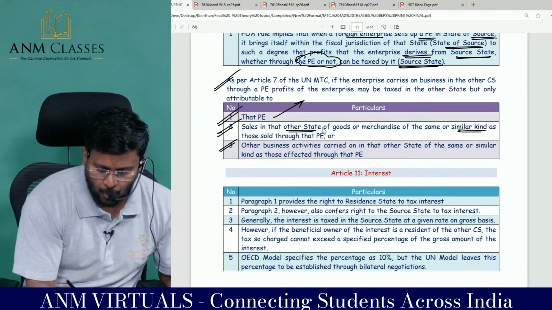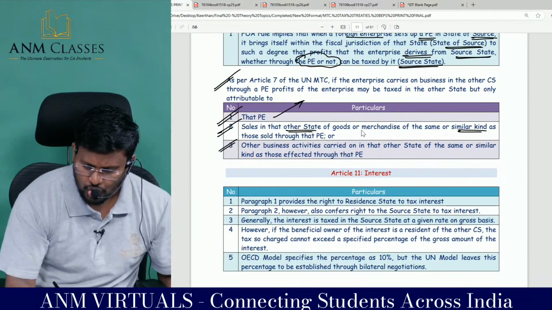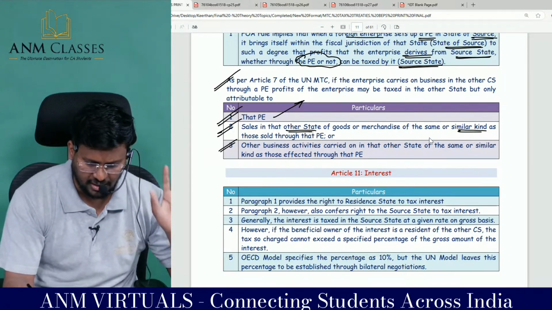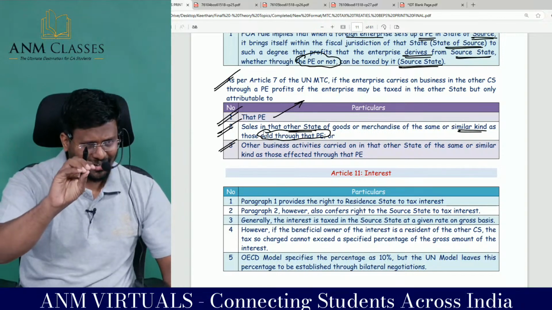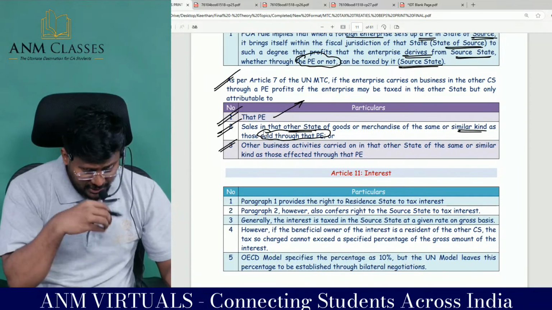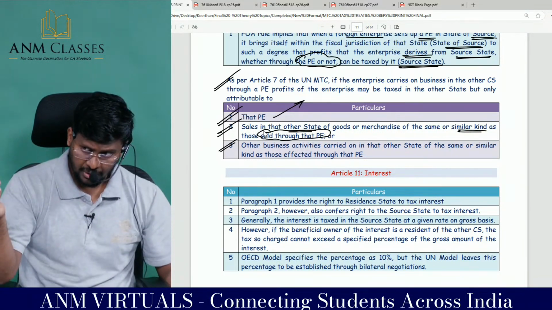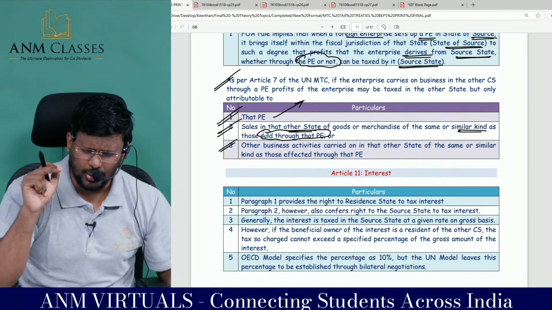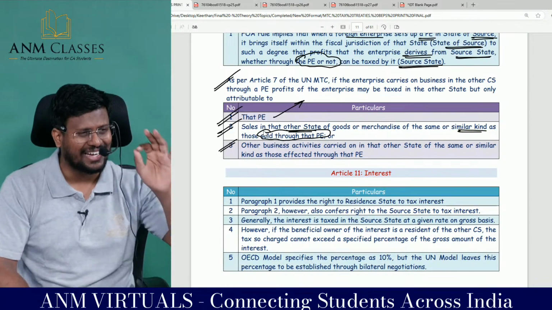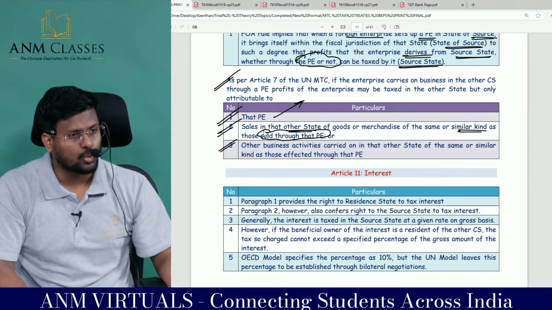Whatever sales in the other state of goods or merchandise of the same or similar kind as those sold through that PE. Actually, those 500 cars should be sold through the Indian PE, but even though they were not sold through the Indian PE, it will be treated as if it was sold through it.